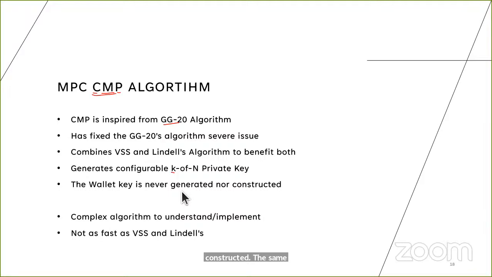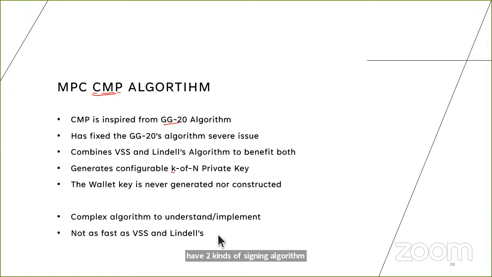However, the algorithm is very complex to understand and implement. And also it is not as fast as VSS and Lindell. The key generation is very slow, and they have two kinds of signing algorithm.